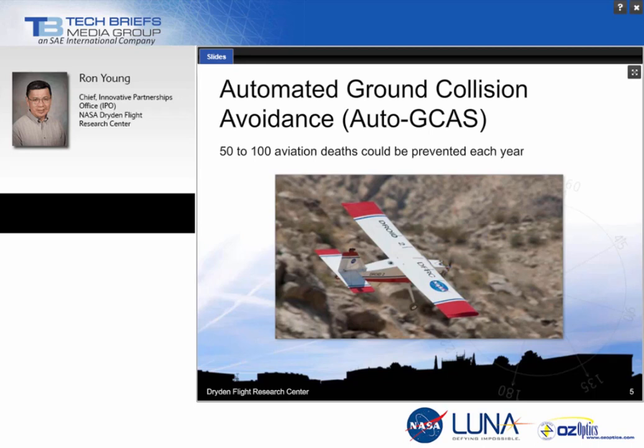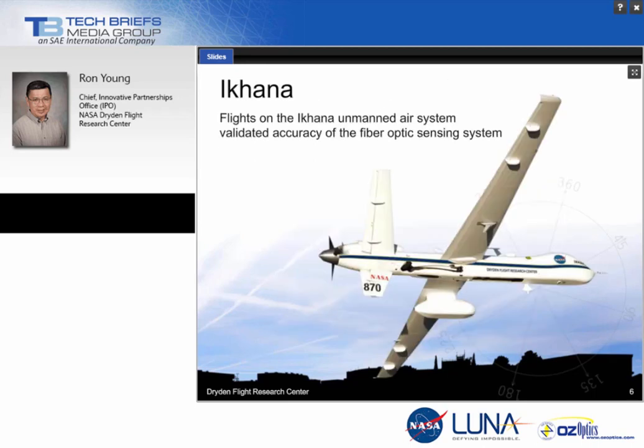And as Bruce talked about today, I would like to talk about the work in the fiber optics area. The Ikhana aircraft is a platform that has been used to develop some of these technologies for applications for large flexible structures that have flown on the Ikhana. Ikhana is a civilian version of a military Predator B aircraft that is used for remote sensing applications and long endurance flight.